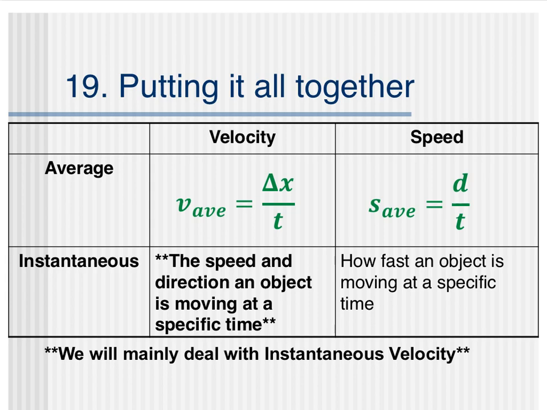When we're thinking about average velocity and average speed, we have these two very specific formulas that allow us to calculate it. Average velocity is simply the displacement over the time, whereas average speed is simply the distance over the time. Okay. As we move forward, this one here is going to be the most important.